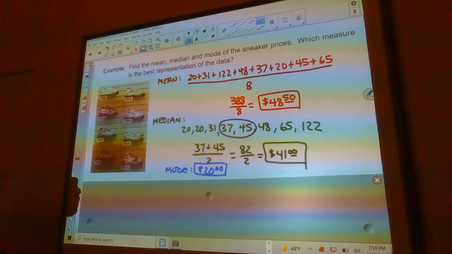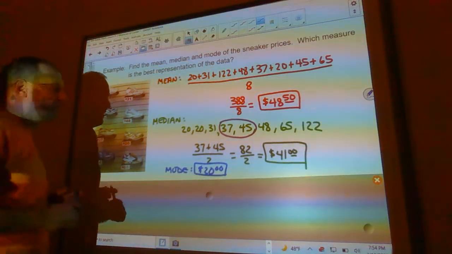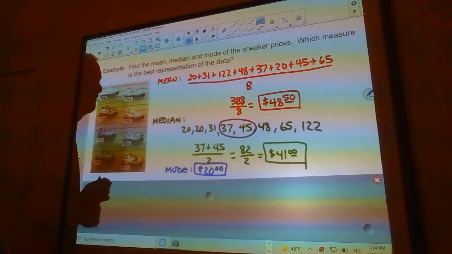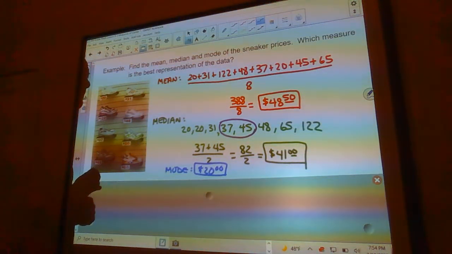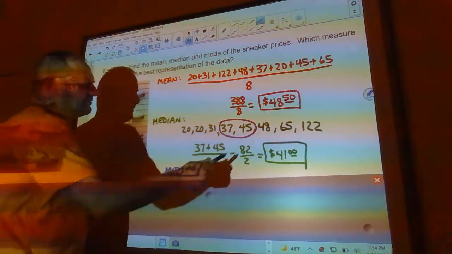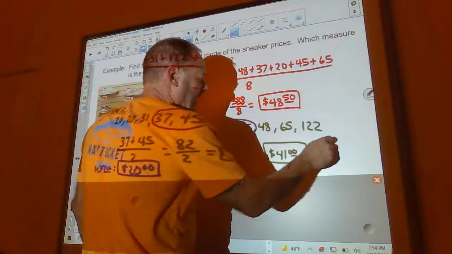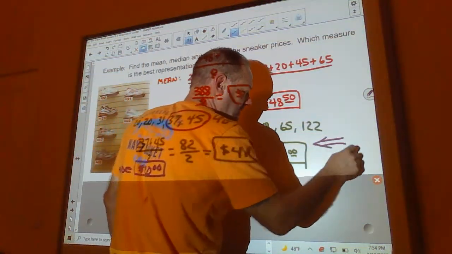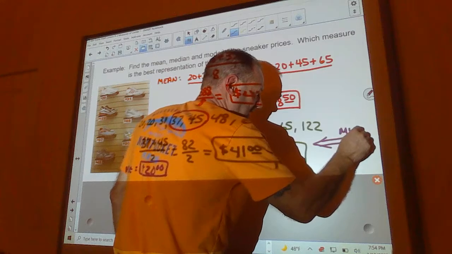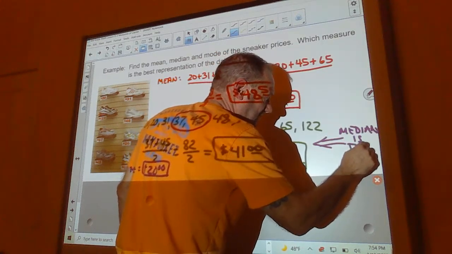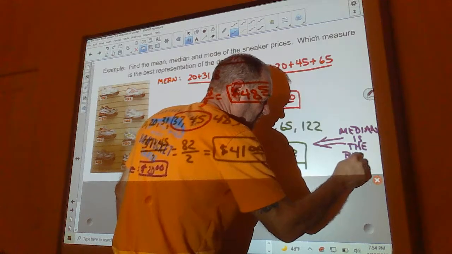I guess I would feel pretty good about the median on this one. I wouldn't feel that bad about the mean either, but 48.50, that's up here. The median's the best one on this one, so I would go with the median as the best. It's not always the best, but it often is.